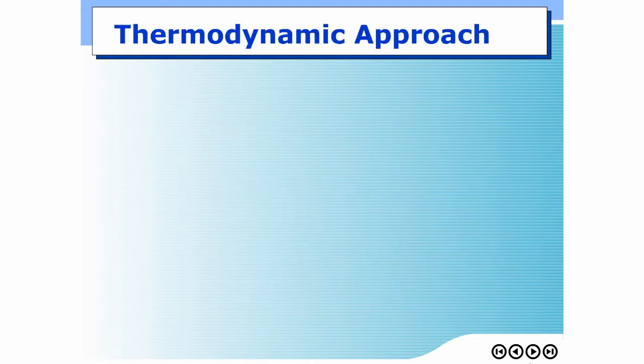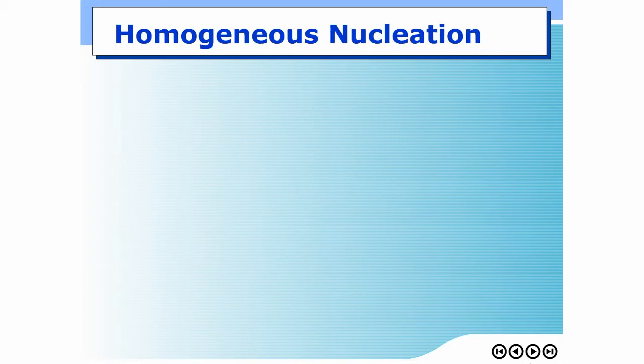In this lecture, as we said, we will discuss the first approach, or thermodynamic approach. And there are 3 steps. In order to understand the thermodynamic approach, you need to understand homogeneous nucleation first. Alright? Suppose we have a solution. Let's say sugar and water.